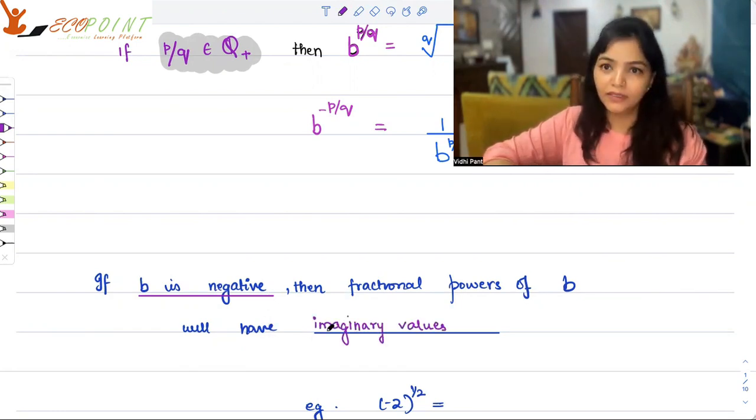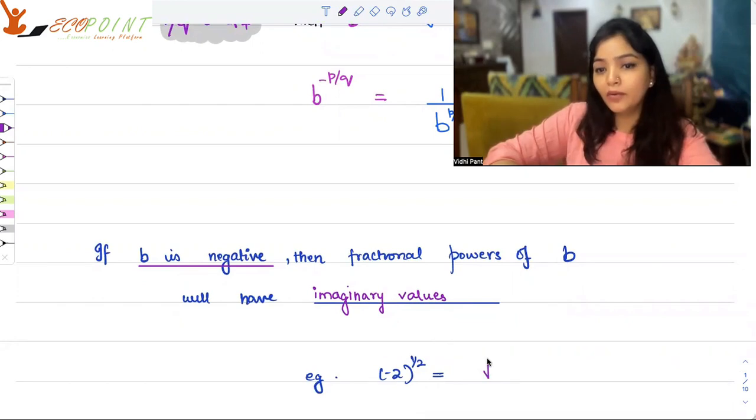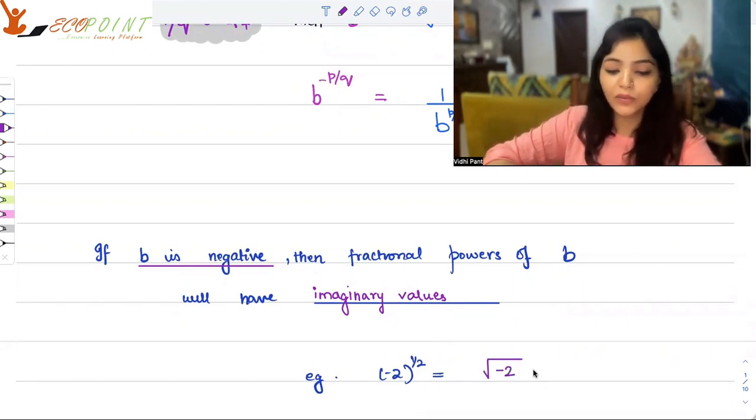How? Basically, if b is negative, then if you take some fractional power of b, it can give you imaginary values. For example, minus 2 to the power 1 by 2. That is the square root of minus 2. Clearly, the square root of minus 2 will not be a real value.